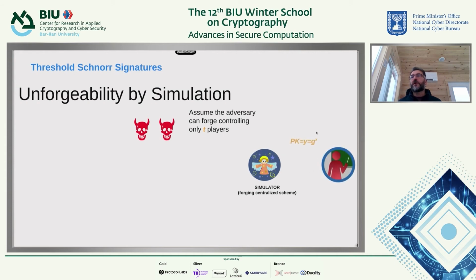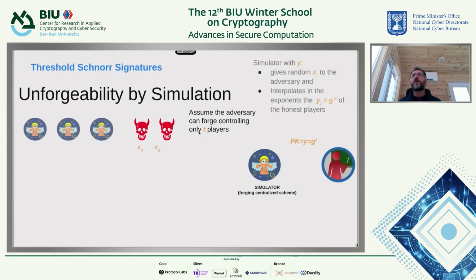It gets the public key for Schnorr, takes 2 random values and gives them to the adversary, and then given these random values, it can interpolate the exponent. By interpolation in the exponent, it is going to get G to the xi equal yi for the honest players. And now we have the public commitments for everybody, and the public key is going to match y.